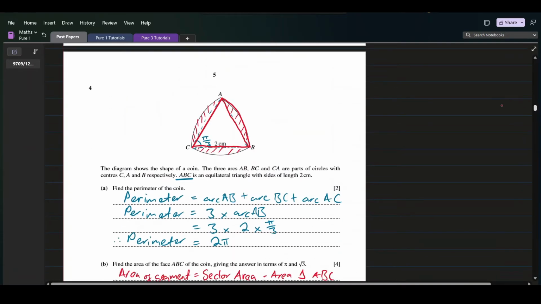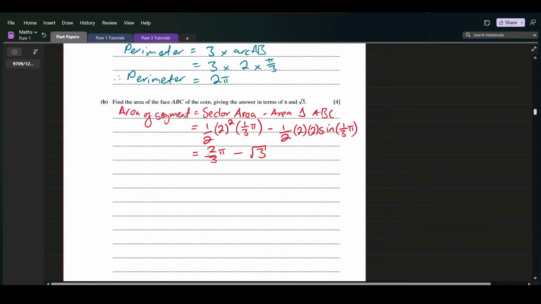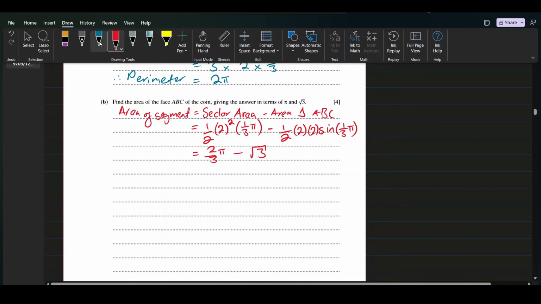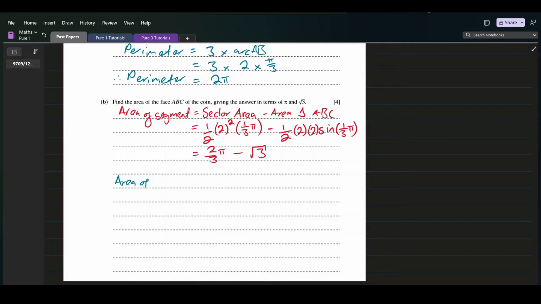And now we need the area of the triangle in the middle. So we've already calculated the area of the triangle. So now our final answer, if I can go back to blue, we're saying the area of ABC, of face ABC, is equal to the area of the segment plus the area of the triangle ABC. So that would be 2 over 3 pi minus root 3. Oh, and remember that we have 3 of these segments.